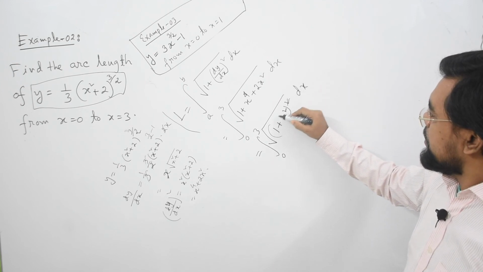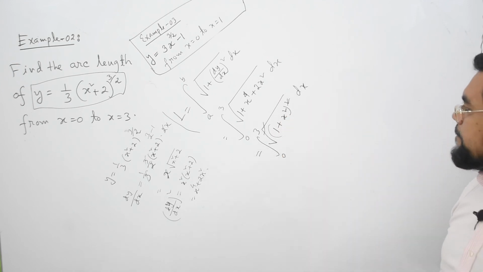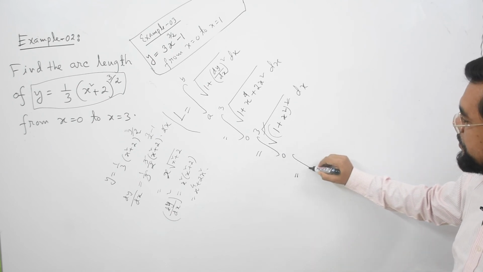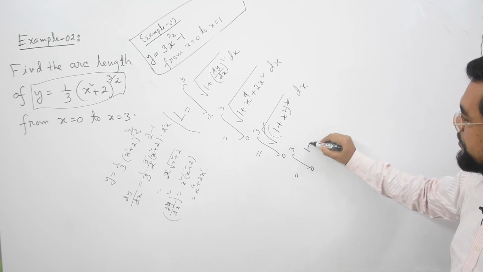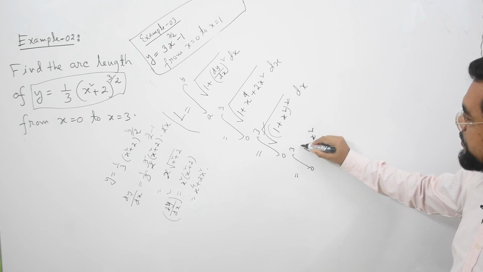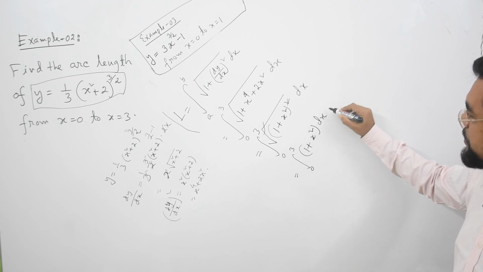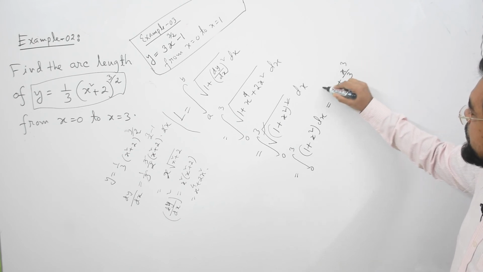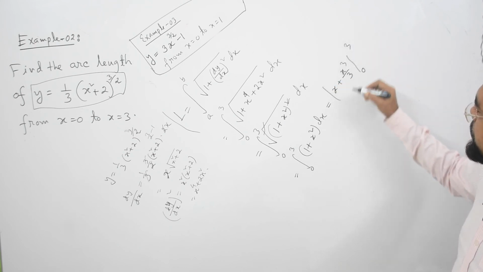So we can cancel the square root and 2, and this one 0 to 3, 1 plus x squared dx, which is equal x plus x cubed by 3, 0 to 3.